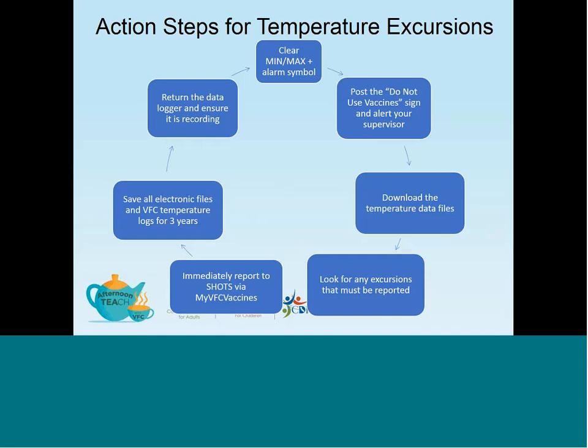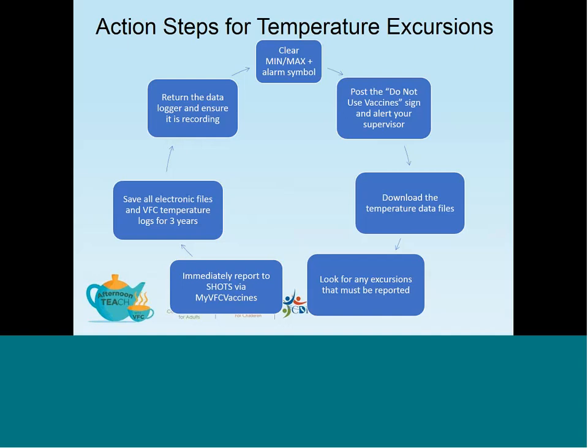Download the temperature data files or report, depending on what your data logger does or its functionality. You want to look for any excursions that must be reported. You will then document those excursions immediately at SHOTS via MyVFC Vaccine.